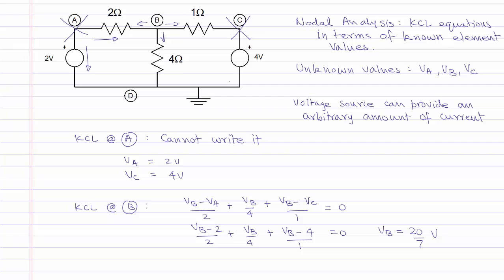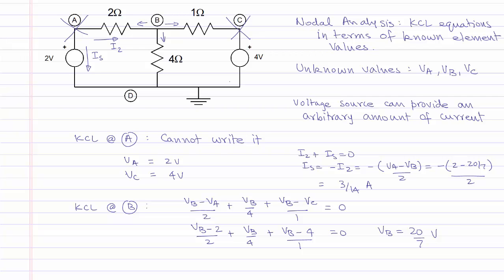For example, we can calculate the current through the 2 volt source by writing KCL at A. If we denote the current through the source as IS and the current through the 2 ohm resistor as I2, then we have I2 plus IS is equal to 0, or IS is equal to minus I2 is equal to minus of (VA minus VB) divided by 2, and substituting for the nodal voltages will give us minus of (2 minus 20 by 7) divided by 2, which will be equal to 3 by 14 amperes.